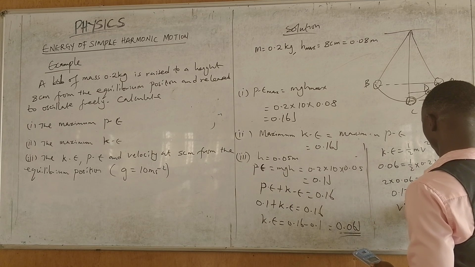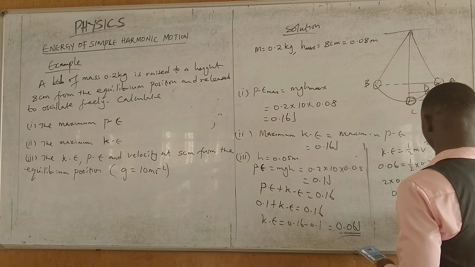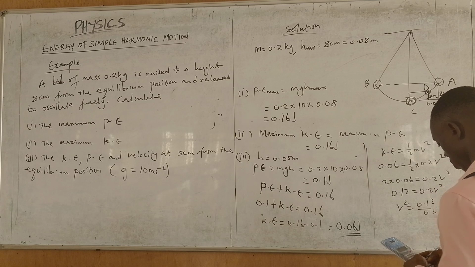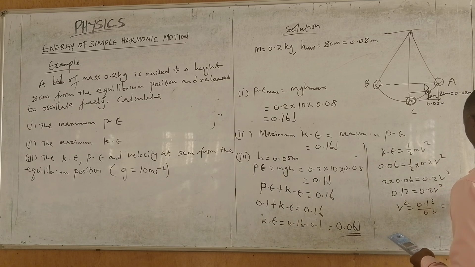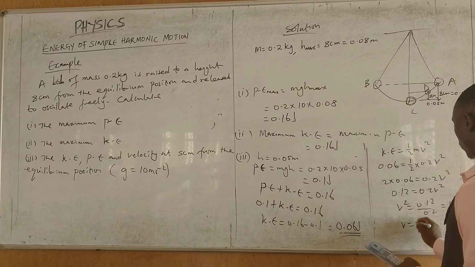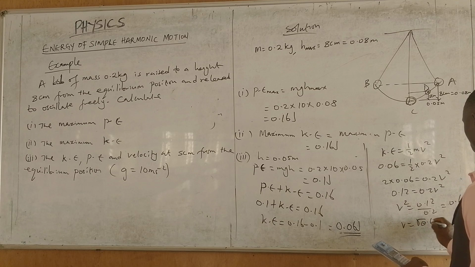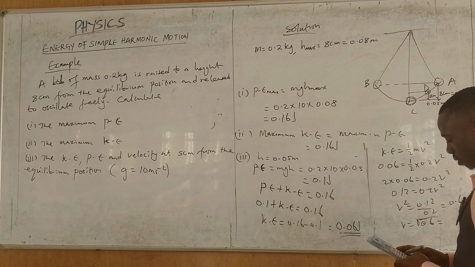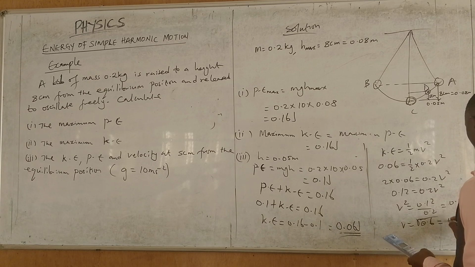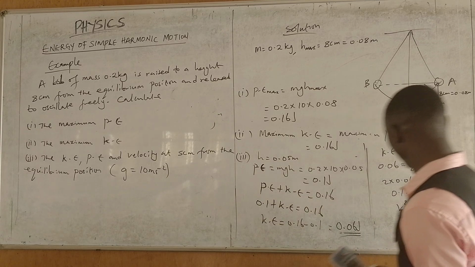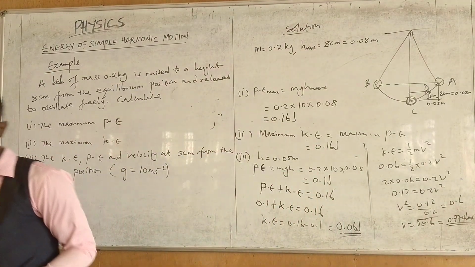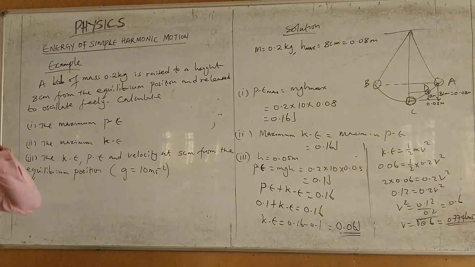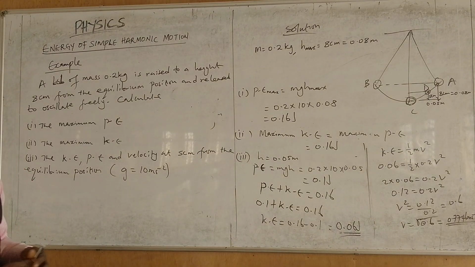So v squared is 0.12 over 0.2, which is 0.6. Then v is the square root of 0.6, which is 0.7746 meter per second. So that's the answer there. That's it for the simple pendulum.